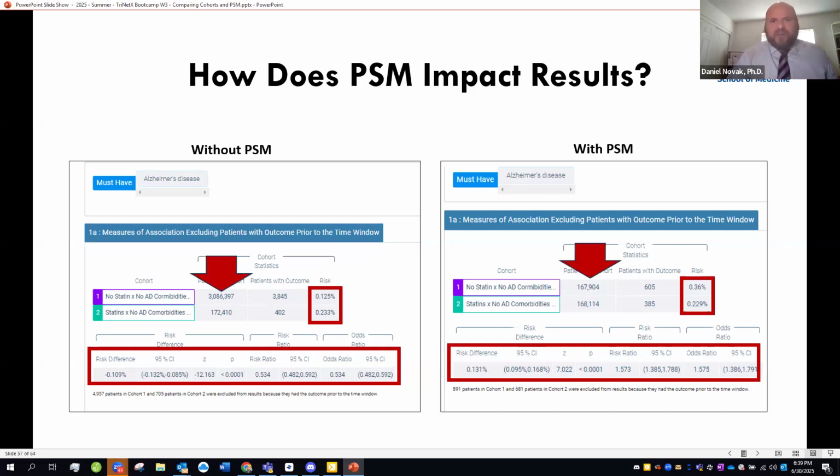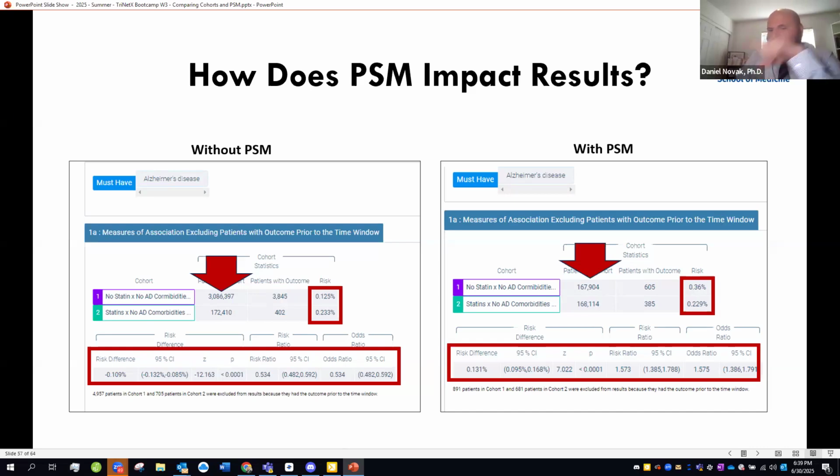And so you can see here, one thing I want to point out was prior to the start of our propensity score matching, we had two pools of people, 3.3 million people in pool 1 and 172,000 people in pool 2. Following that, TriNetX has selected 167,000 people out of that pool of 3 million to go with that 168,000 people from the main statins pool to propensity score match them with.